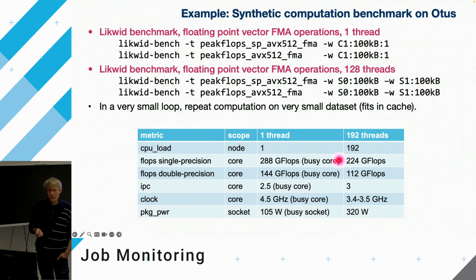But you basically won't achieve these numbers in your typical application because, for one thing, your application consists of more than just this mix of instructions. It's not only doing floating point instructions. It's also doing control flow, loading, writing of data, and so on.